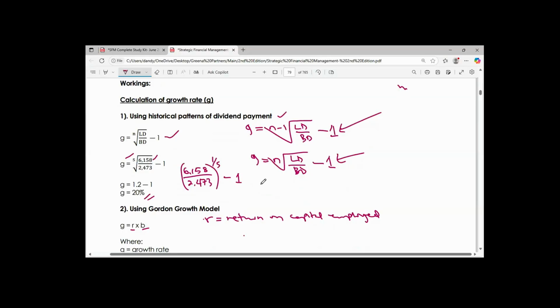Just look at my screen. This n minus 1, you use it when you are given information on the dividend for all the relevant years, from year 1 to year 5. That is when you use this first formula.